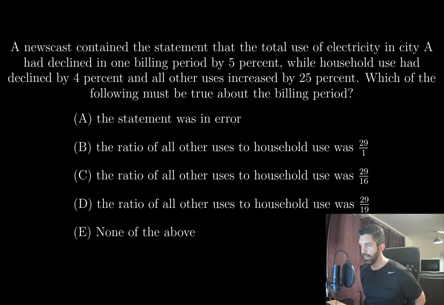The idea here is that the overall use went down by 5%, household use went down by 4%, and all other uses increased by 25%.